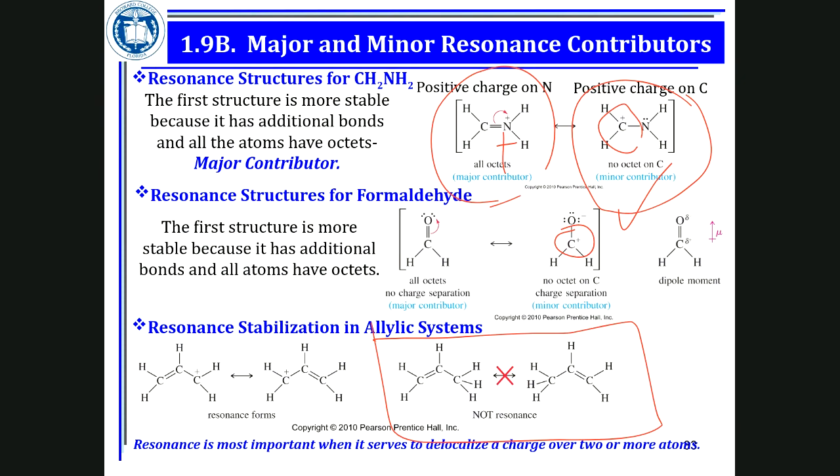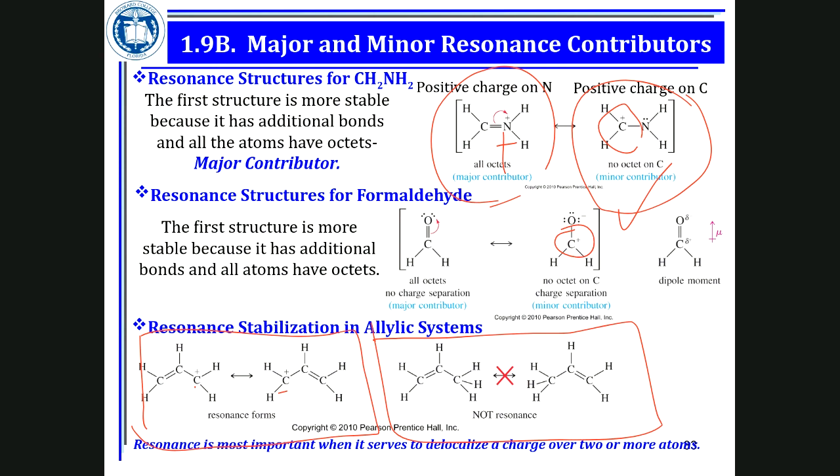When you are forming the two resonances, there should be a benefit to the molecule. That benefit is either distribution of the charge or distribution of formal charge. In this case, there is a distribution of formal charge. So these two are valid resonance forms, and they stabilize each other.